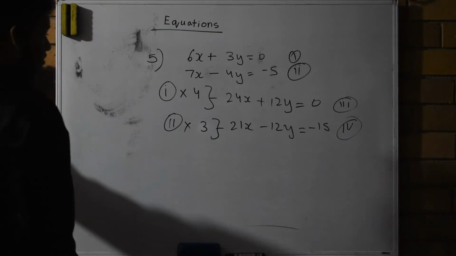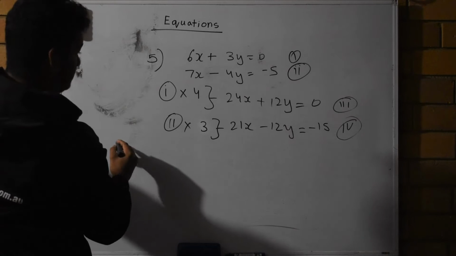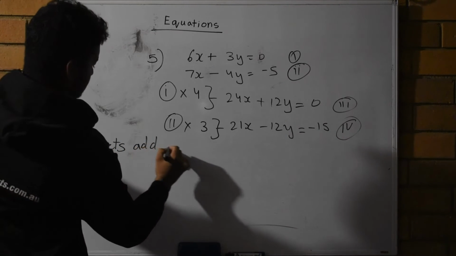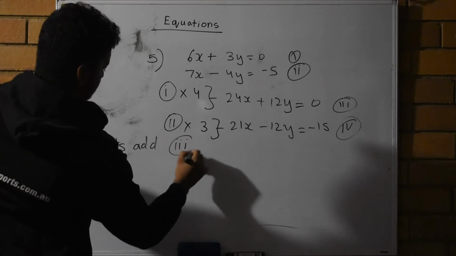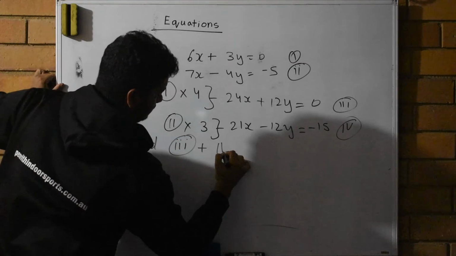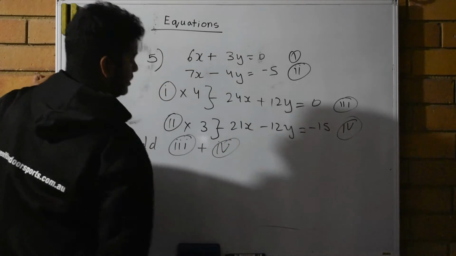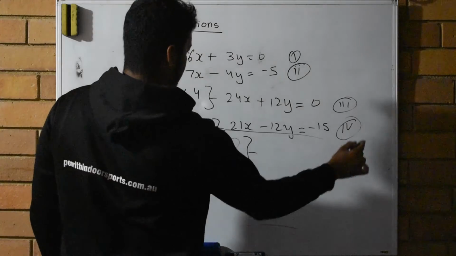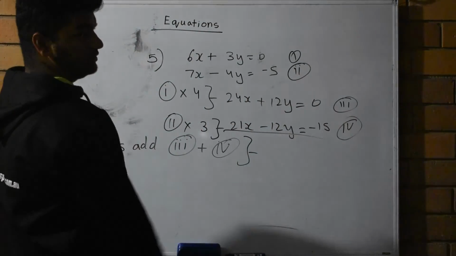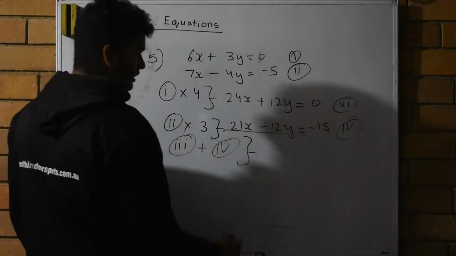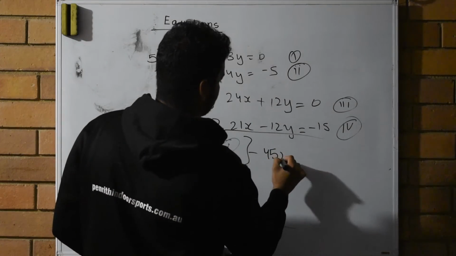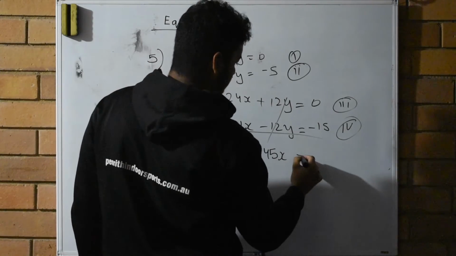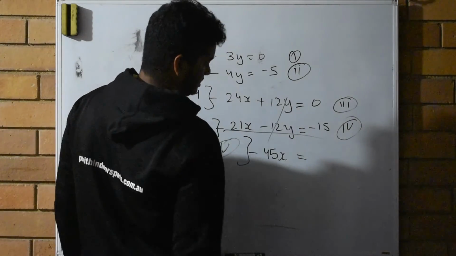So now let's add 3 and 4. So 24x plus 21x is 45x. Plus 12y minus 12y, eliminated, that's gone. And this is just negative 15.